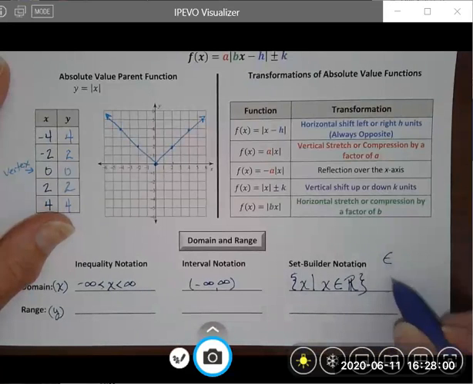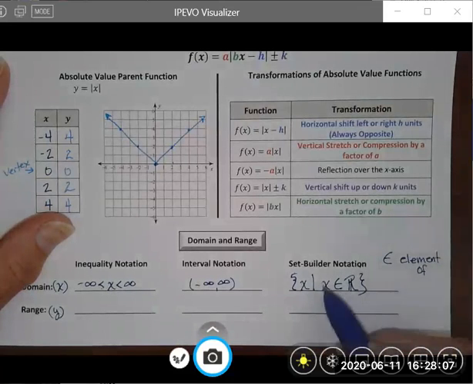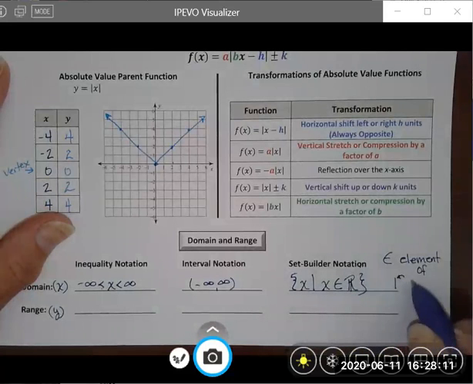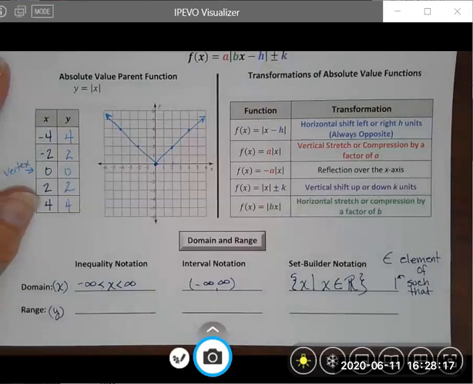So this weird E, it's a Greek E, that's element of. Yes, and this vertical bar right here means such that. So those are some kind of funky notations that we use when we're using set builder. Just some rules of set builder.